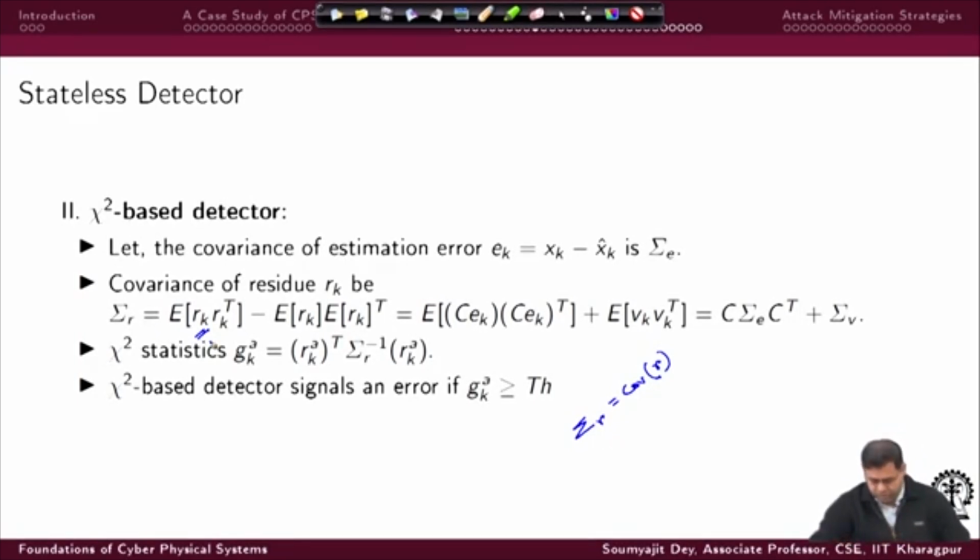We will try to see how we can write it directly as this expression, because if we can, then it becomes simple. We will just write r_k is C times e_k, as you can see. Then when you talk about this expectation here, let us first do this derivation and then we can go back to the previous things.